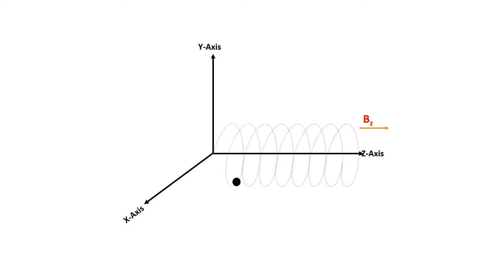So the charged particle follows this helical path. You can clearly see with the help of these graphics that the charged particle follows the helical path, which is the result of the parallel component of the velocity and the perpendicular component of the velocity.